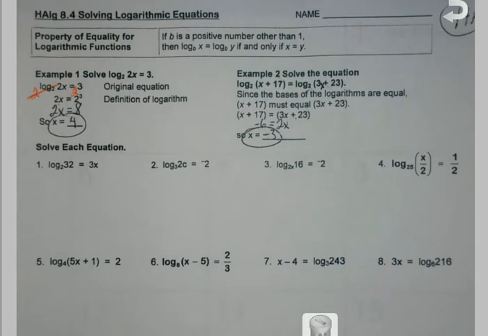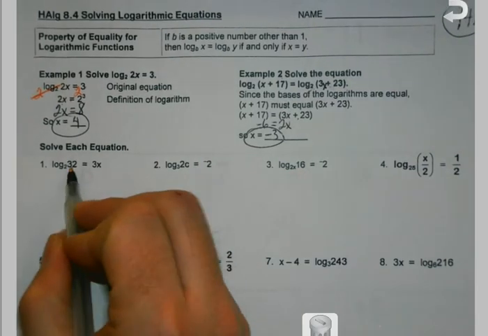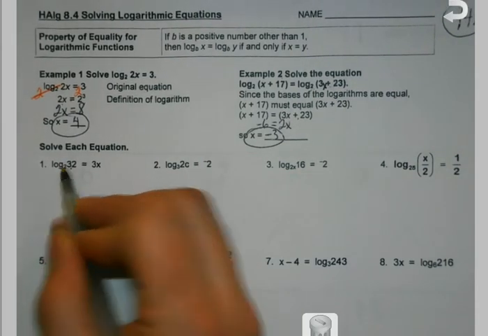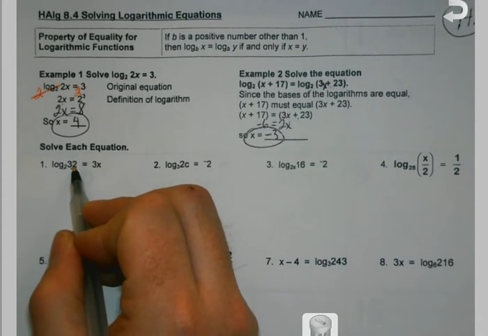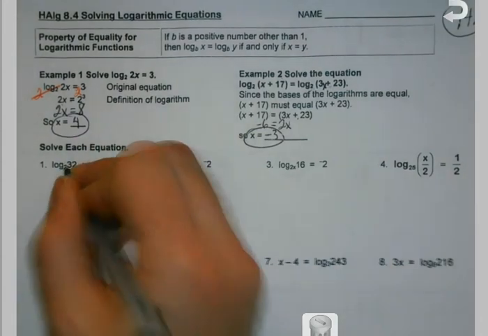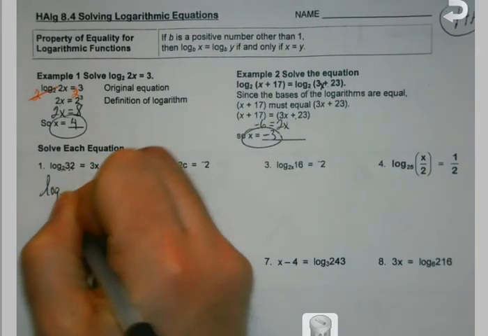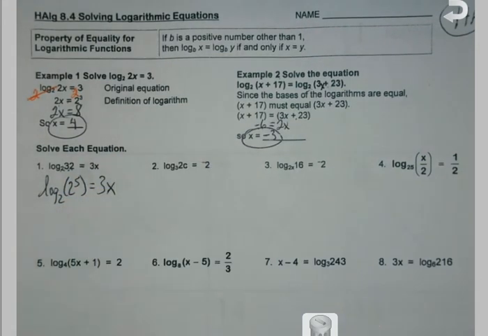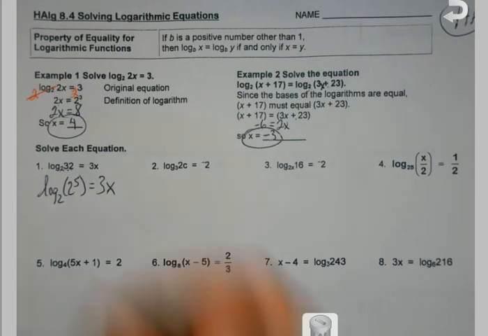So for instance, I could look at this and say, okay, let's see. Now 32, wait a minute. Can I take 2 to some power and get 32? Yes. This is really log base 2 of 2 to the 5th. So we're going to start using some of those little rules that we had before to make this a little easier for us.